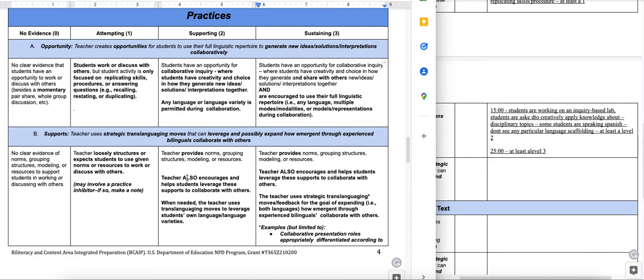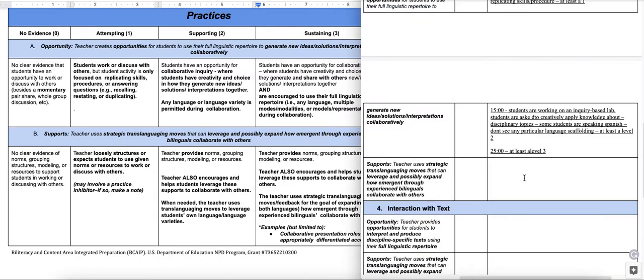But the teacher isn't really explaining to the students how to use, or helping the students use, these practices towards these particular disciplinary ends, then you know you're still at a 1. If you don't see the teacher using any kind of translanguaging moves, then you know you're still at a level 1. Okay, so you're doing a lot of data collection, or evidence collection, to get points on all these 3 in order to get evidence for a 2.